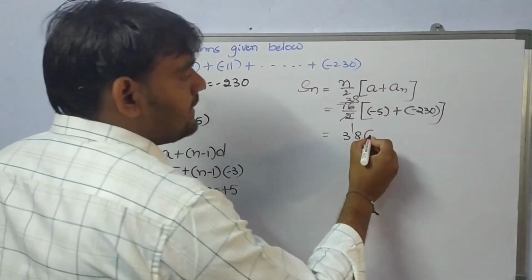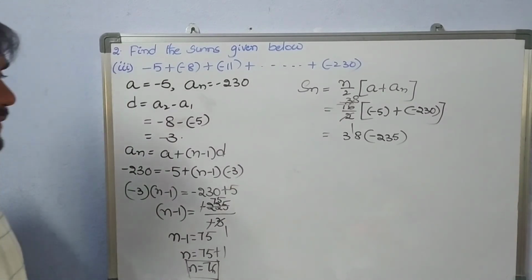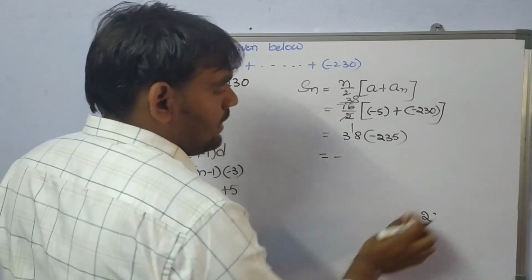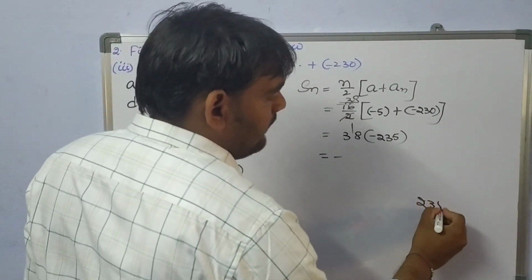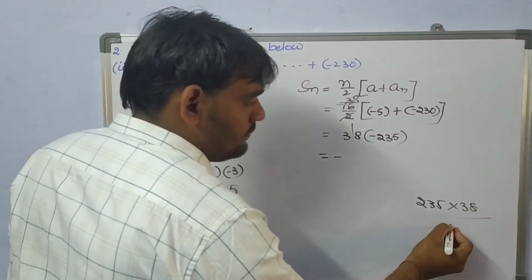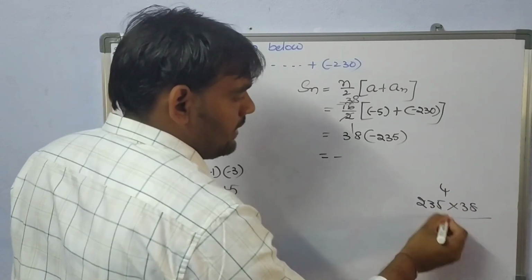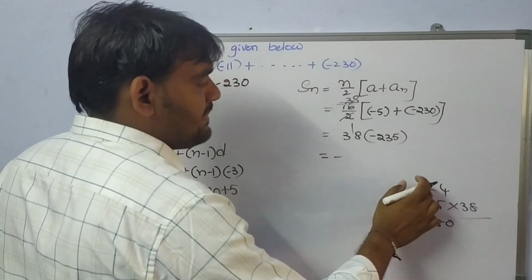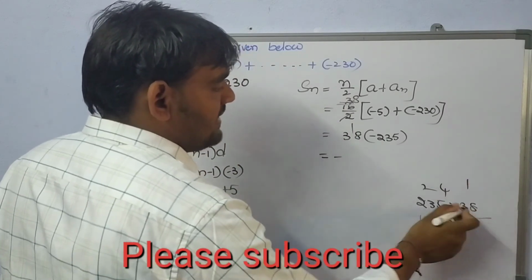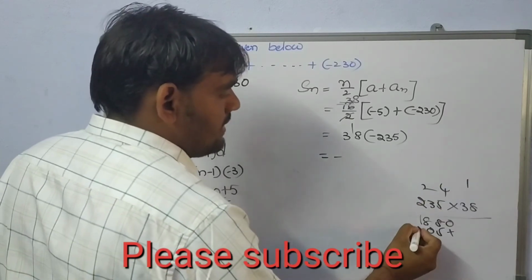So we will get minus 235. Later we need to multiply: plus into minus gives minus. Now we need to multiply 235 with 38. See here, 8 5s are 40, 8 3s are 24, 24 plus 4, 28, 8 2s are 16, 16 plus 2, 18. Next 3 5s are 15, 3 3s are 9 plus 1, 10, 3 2s are 6, 6 plus 1, 7.